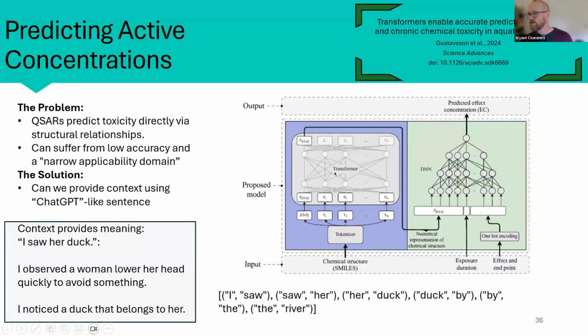This information, once broken into these parts, is fed in. So we've learned all the different contexts about how different versions and sentences and chemical structures work. We feed this into a deep neural net, or the researchers feed it into a deep neural net, where we're training these breakdowns or these representations of these chemical structures alongside exposure data and effect and endpoint.